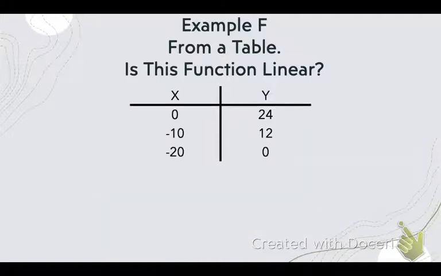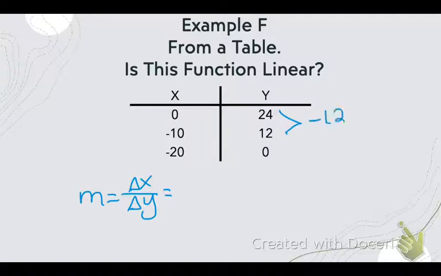Example F. My x values are 0, -10, and -20, and my y values are 24, 12, and 0. So I'm using my slope ratio of change in y over change in x. So if I'm looking from 24 to 12, I'm actually going down 12 places.